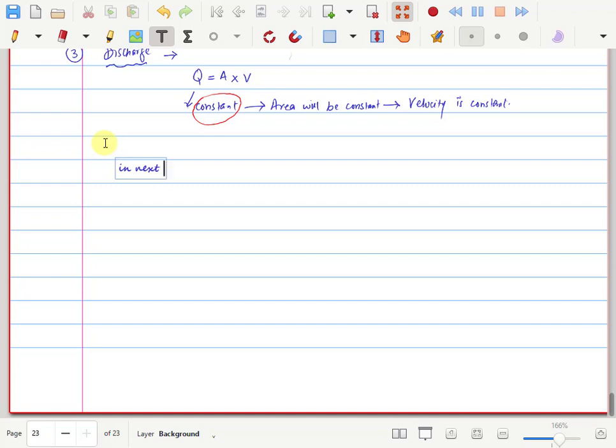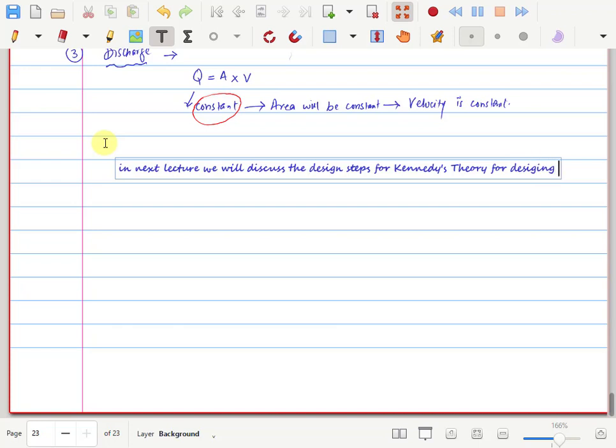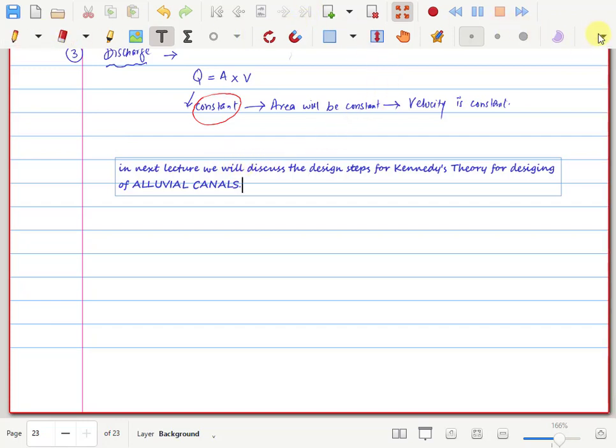In next lecture, we will discuss the design steps for Kennedy's theory for designing of alluvial canals. Okay. So that's it for today's video.